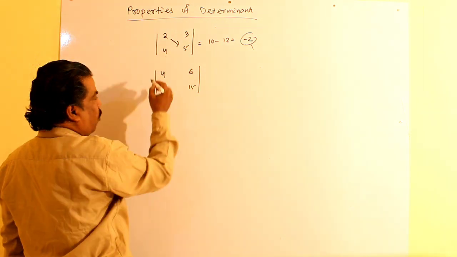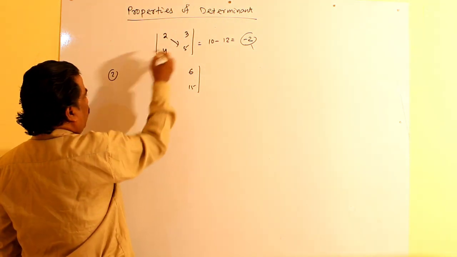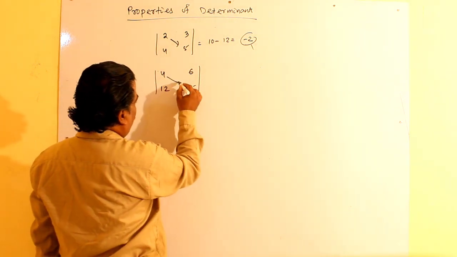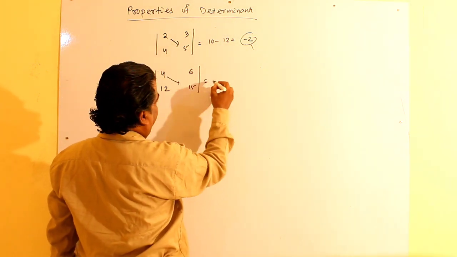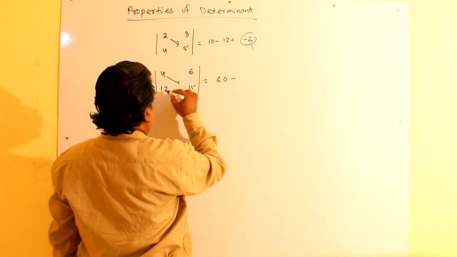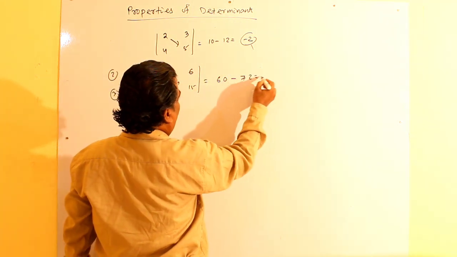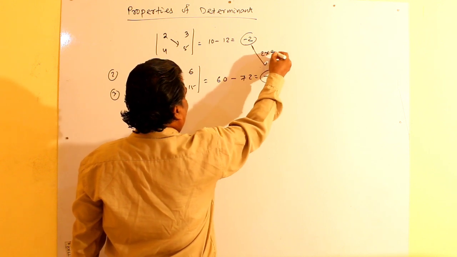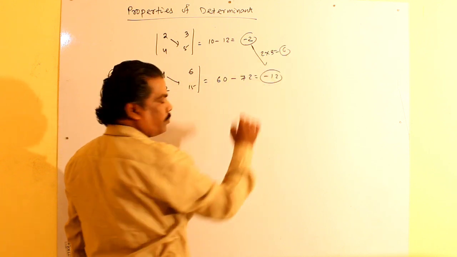Now multiply row 1 by 2 and row 2 by 3. Now observe the value is equal to 4 into 15, 60, minus 12 into 6, 72, that is minus 12. That is equal to 2 into 3, 6 times.